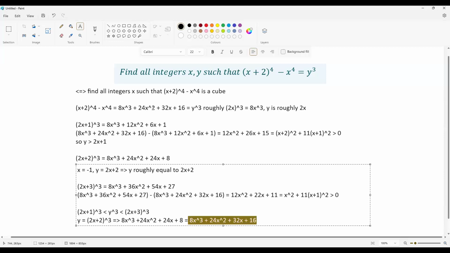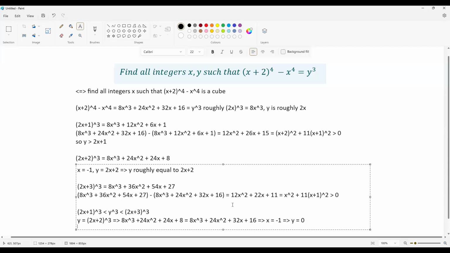This is the expression for y cubed, which is (2x plus 2) cubed. That becomes x equals -1, and it also means y is equal to 0. And that is indeed a solution.